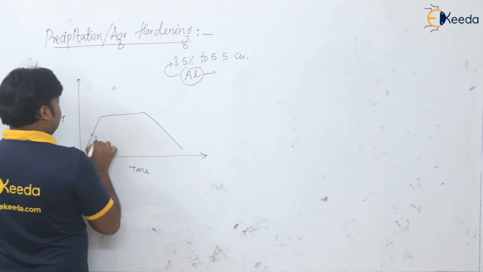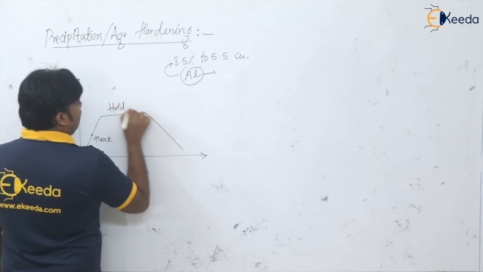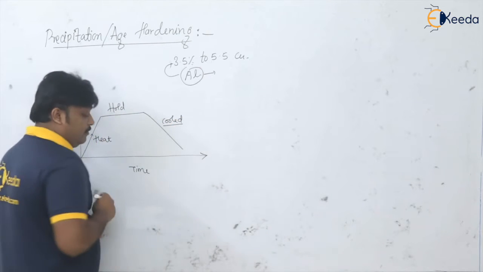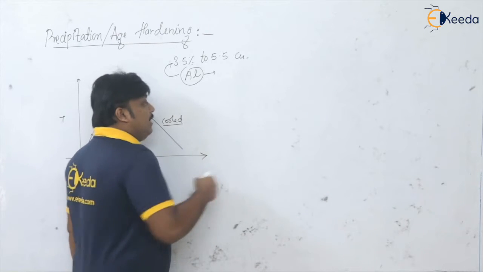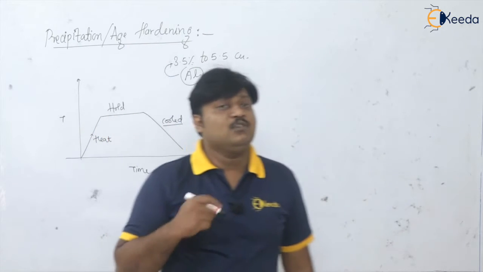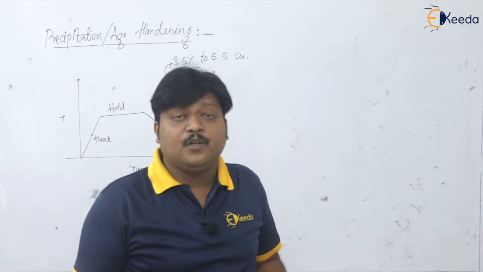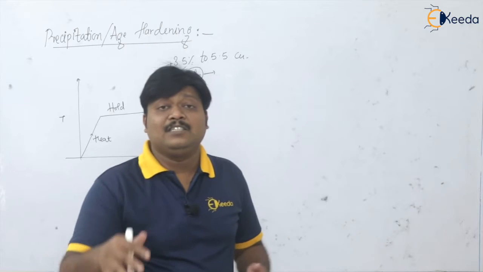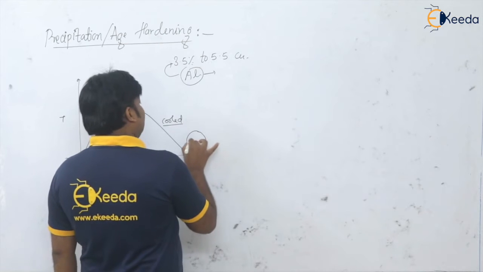He heated it, held, and cooled, or here, because we are trying to form the martensite, of course it is quenched, and after quenching he measured the hardness of the specimen. But what was the observation? The hardness was actually lower than the original specimen hardness. So the hardness was lower than the original.